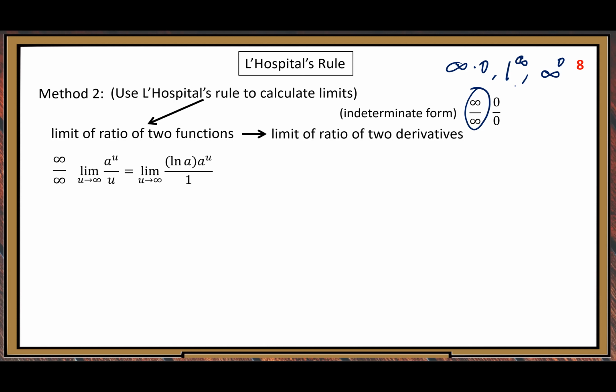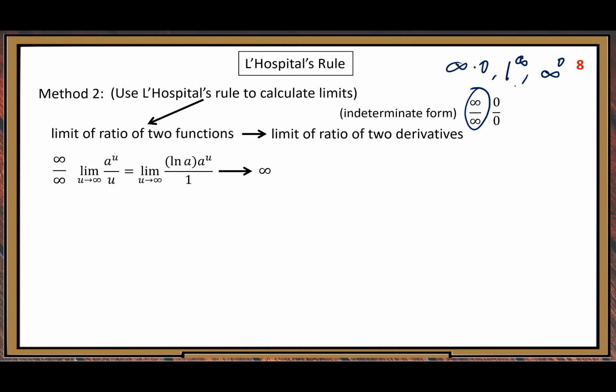So the answer is infinity over 1, which is also infinity. So you can see this is a rigorous proof: when U goes to infinity, A to the U over U goes to infinity.